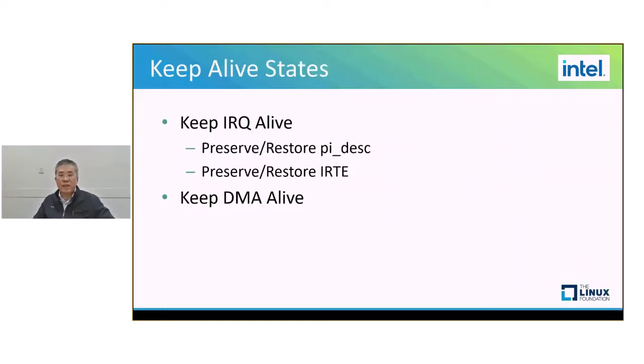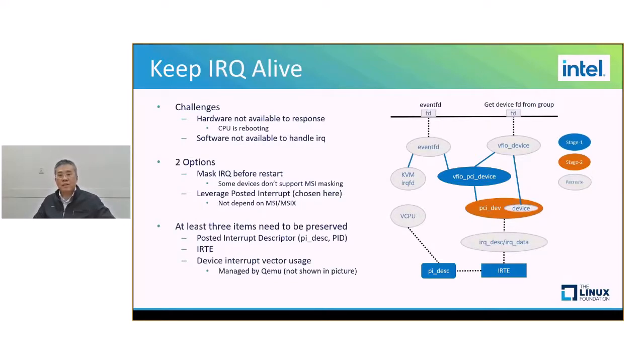Now let's dive a little bit deeper to see how we keep alive the two major device Keepalive states, IRQ and DMA. The challenge for keeping IRQ alive is that during the Kexec-Reboot, both hardware and software are not available to handle the IRQ. CPU is undergoing reboot and reinitialization. Software is not ready either.